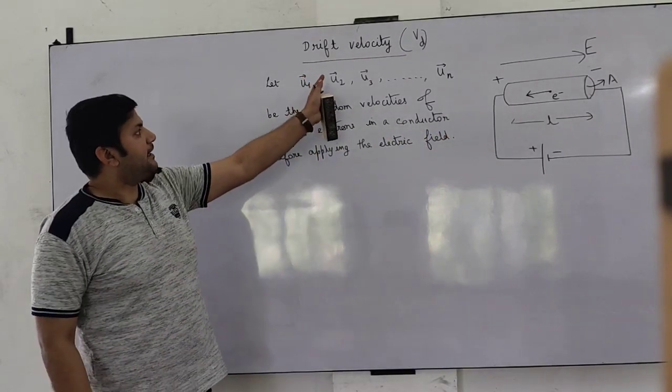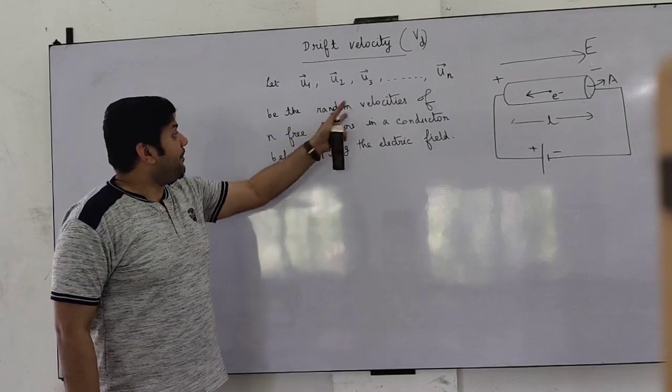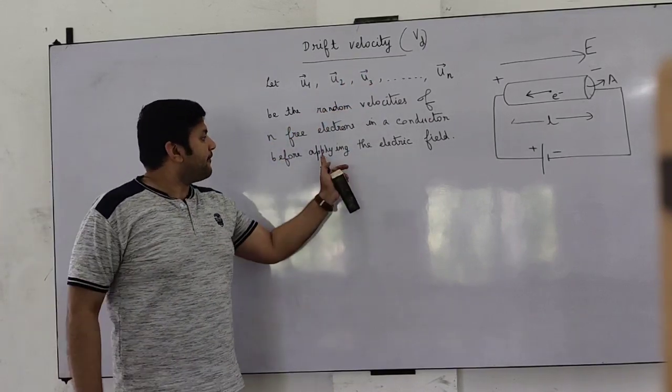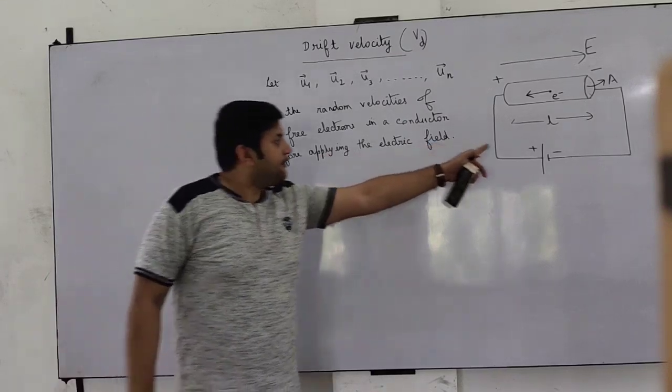I am using the vector sign because velocity is a vector quantity. Because these are random velocities, the electrons move in random directions before applying the electric field, that is, before applying the battery.